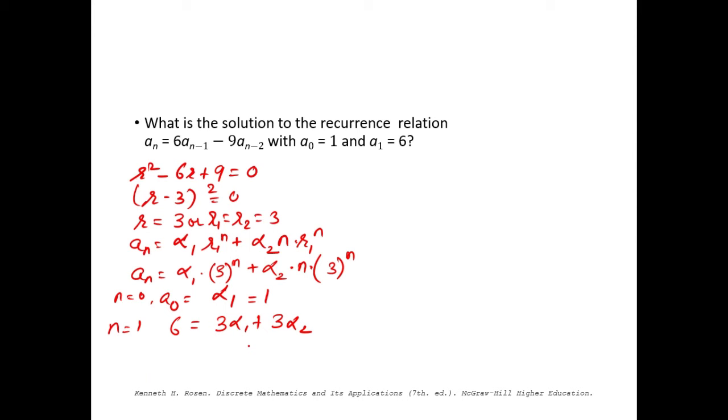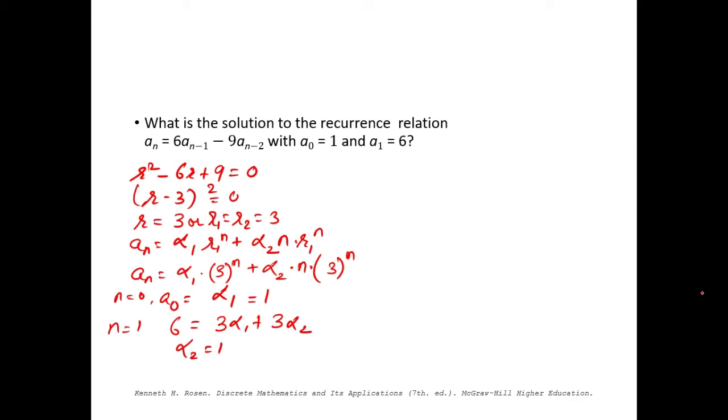So 3 alpha 2 is equal to 6 minus 3, and therefore alpha 2 is equal to 1.